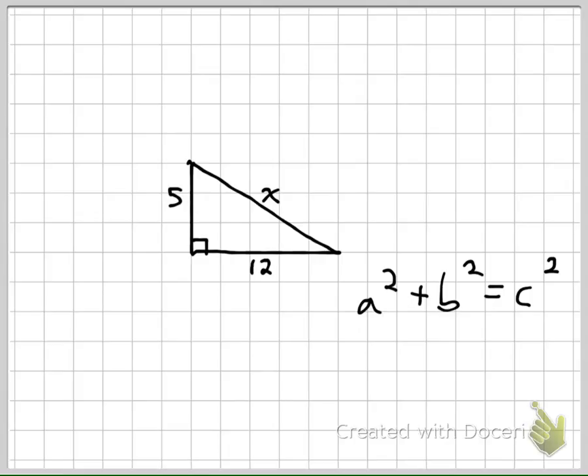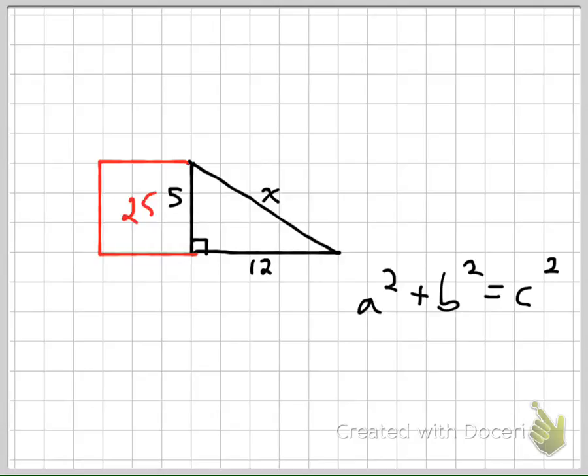So here's the deal. Let's do this again. How much is that side? Well, what is the area here? A squared, in other words, is? I've given you the number there. I'm saying it's 5. So what is the area there? 25.